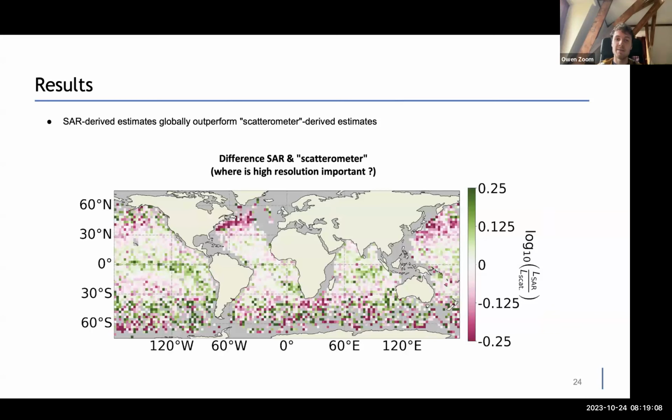Since our SAR model, so the one trained with all our high-resolution information, outperforms the scatterometer, we can assess the difference between the outputs of these two models. And this will basically give us a map of where high-resolution information is most necessary, where it's necessary in order to make a good estimate. And that is the map shown here.